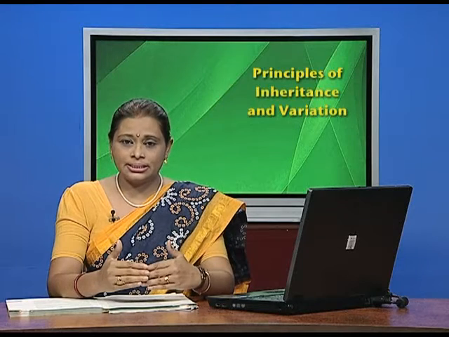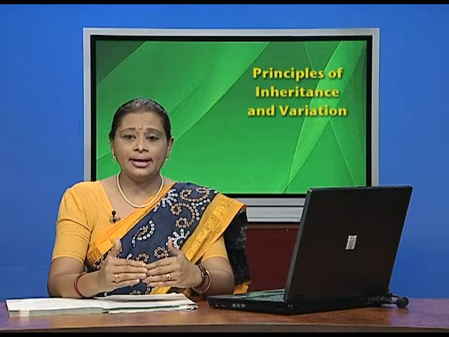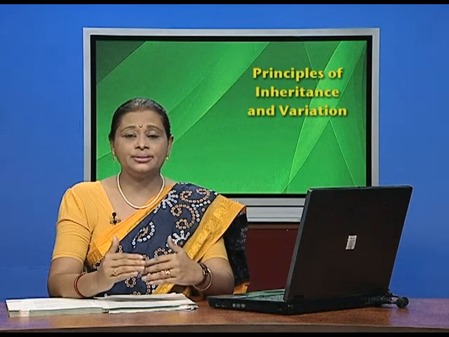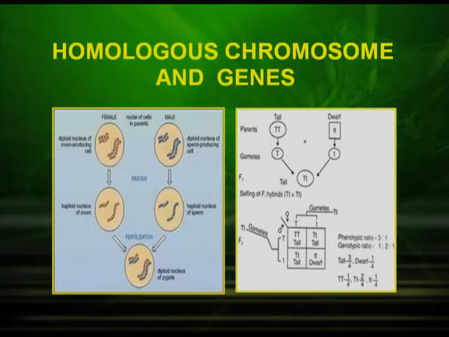Now, can you correlate Mendelian inheritance with the movement of homologous chromosomes during cell division? In the following picture, you can see that when a tall plant is crossed with a dwarf plant, the alleles of the tall plant are represented by capital T, and those of the dwarf by small t, small t. During gamete formation, each has only one capital T or small t.